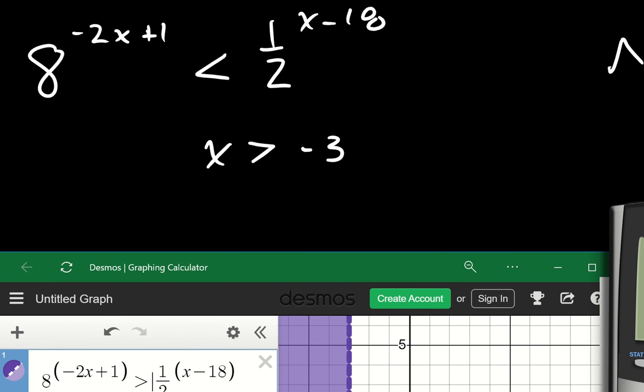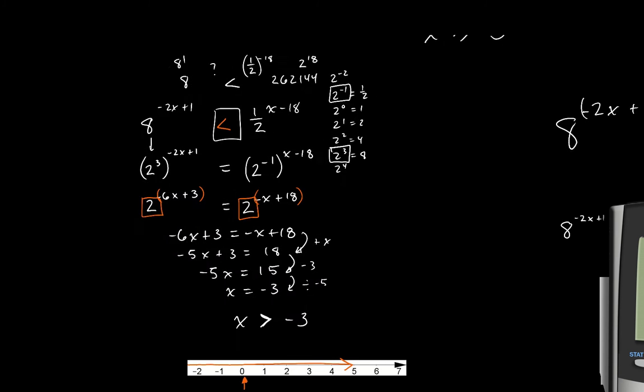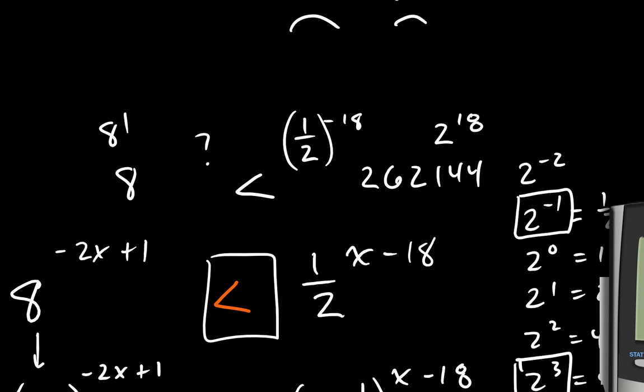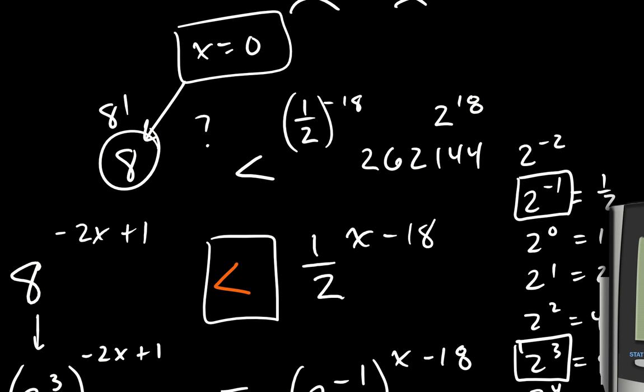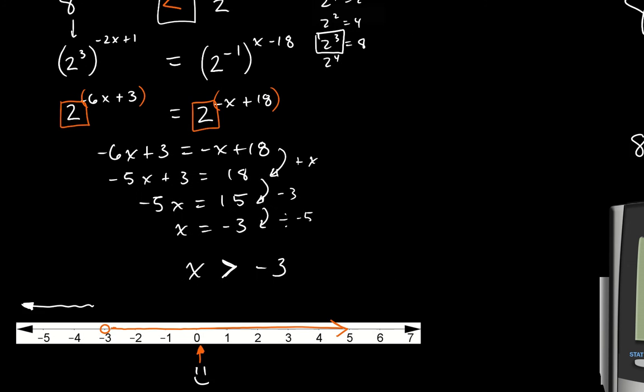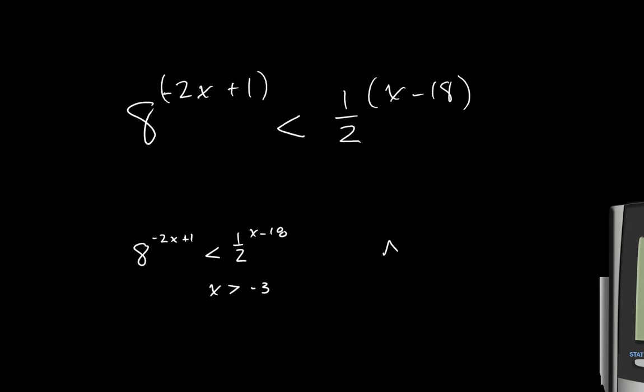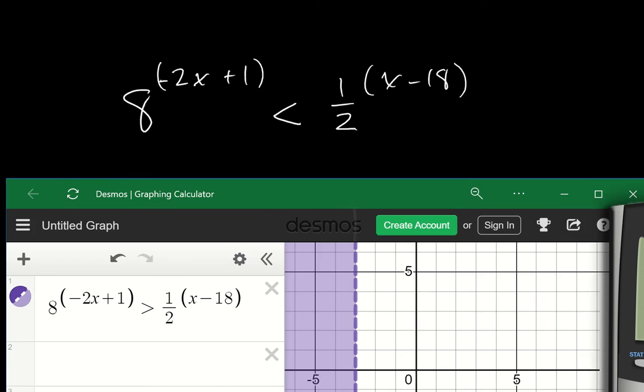When I plugged in 0 for x and tested that value, on the one side I got 8. On the other side, I got 262,144. So that clearly doesn't work. That's why it flipped the direction there.